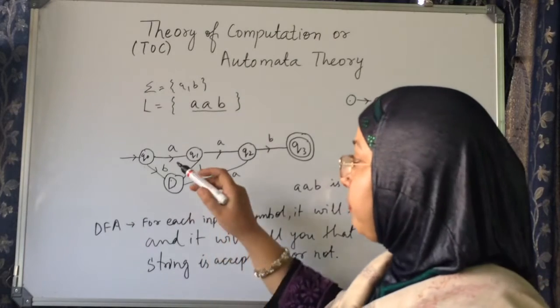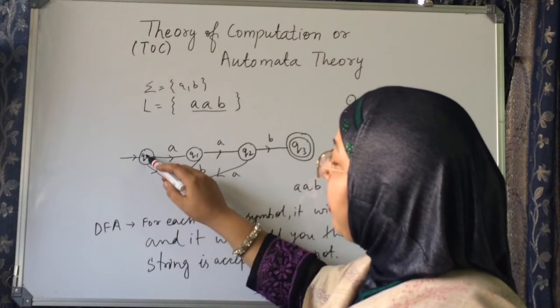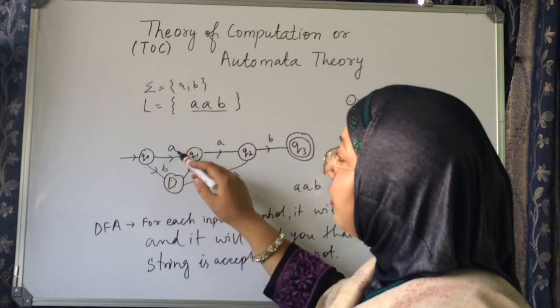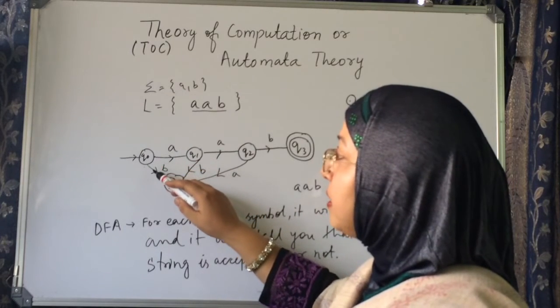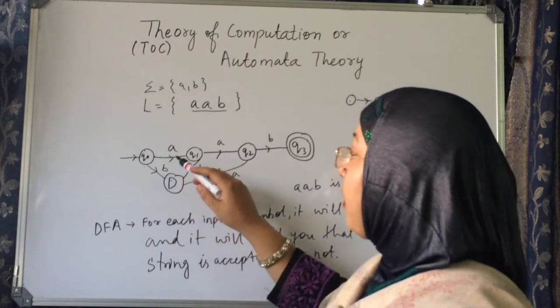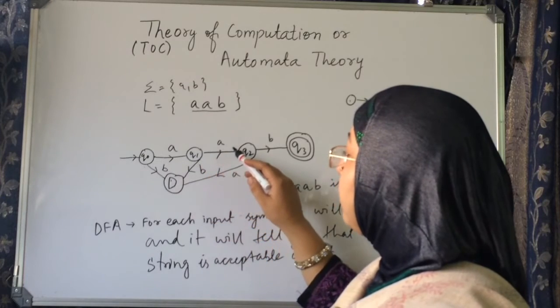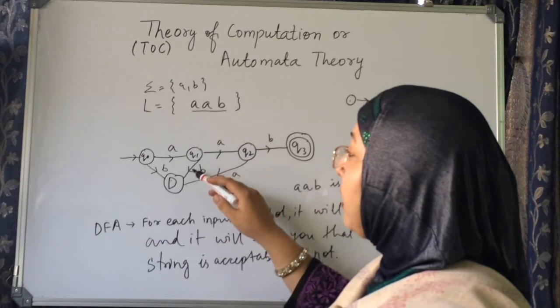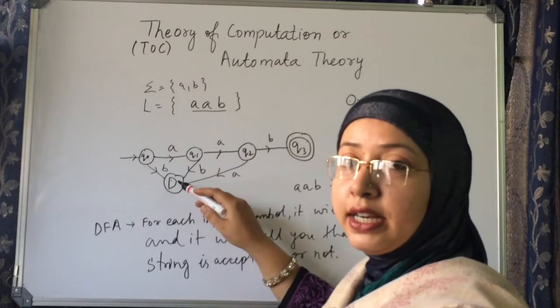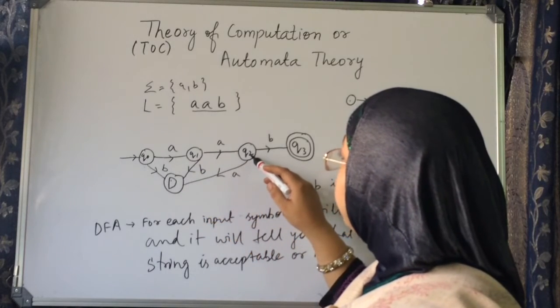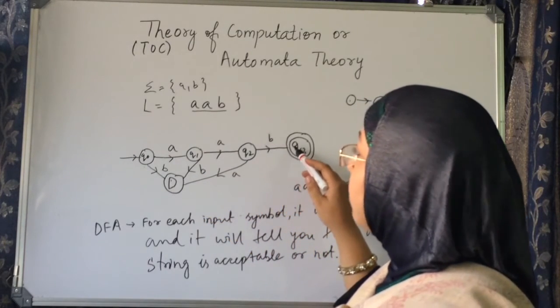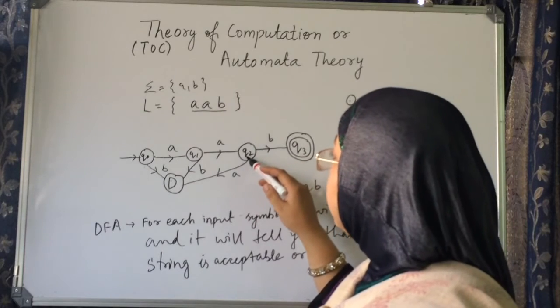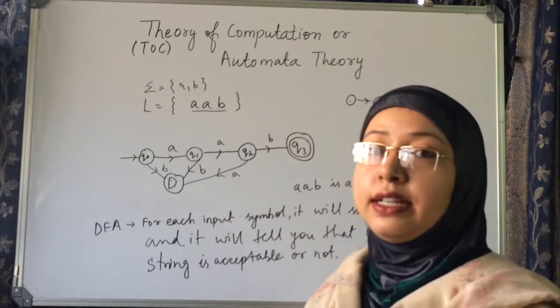So from Q0, if input symbol A comes, it will go to Q1, but if B comes, it will go to dead state. From Q1 also, if A comes, it will go to Q2, but if B comes, it will go to D, the dead state. And from Q2, if B comes, it will go to Q3. Otherwise, if A comes, it will go again to the dead state.